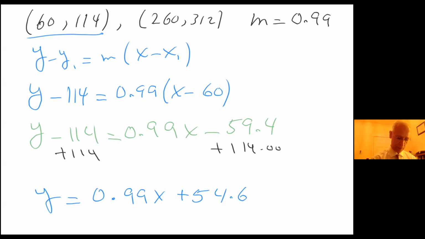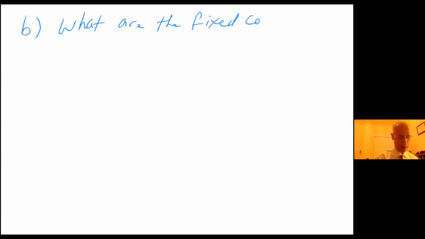Therefore, I'm going to just exchange the y here with C as a function of x. So cost as a function of x equals 0.99x plus 54.6.